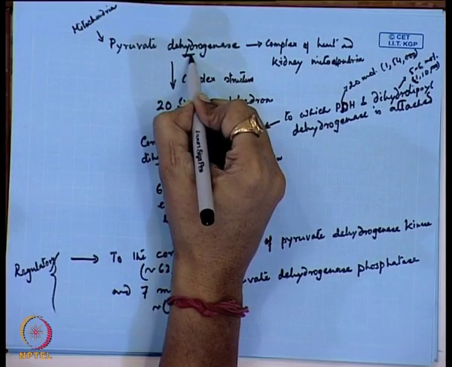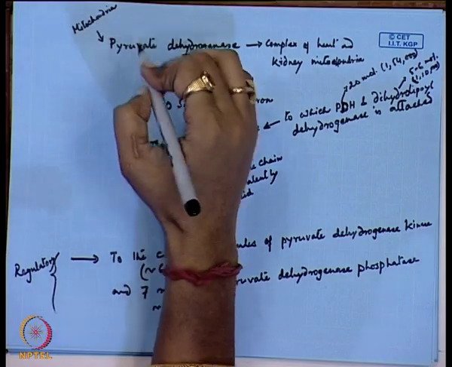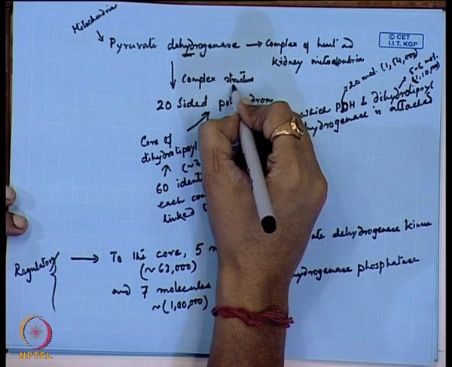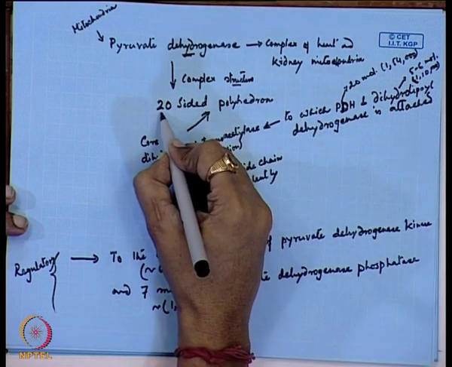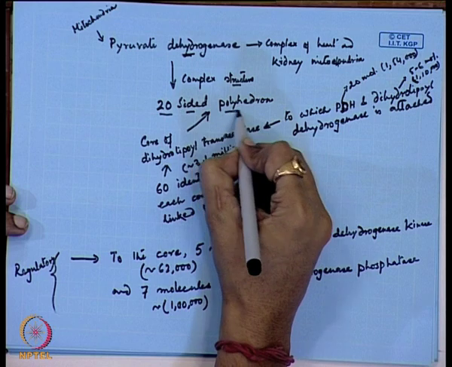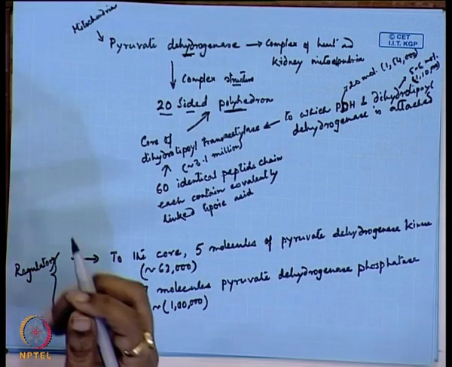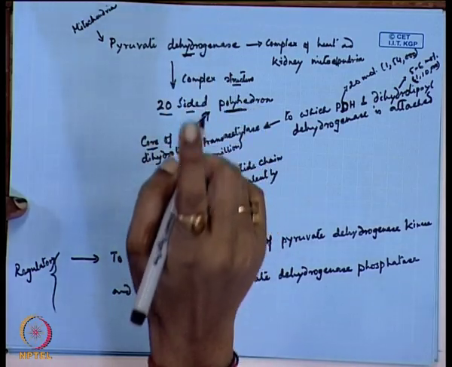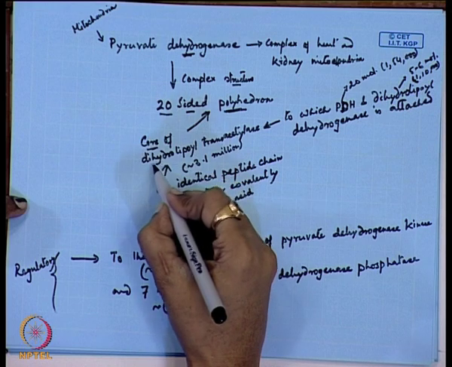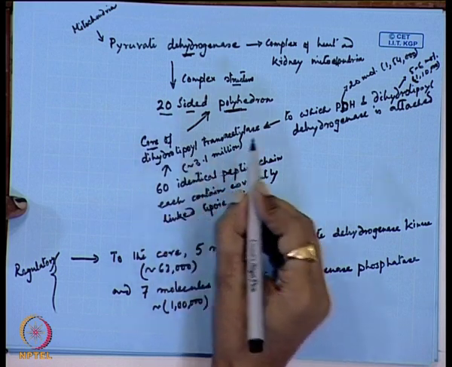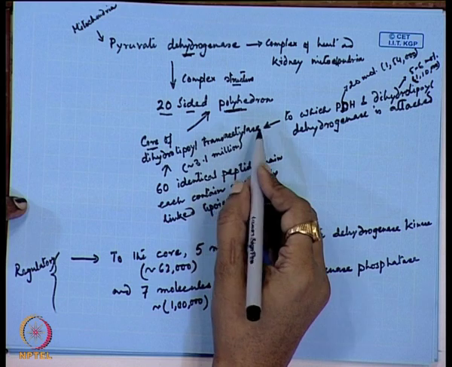Now, if we see this pyruvate dehydrogenase enzyme, it is a very complex enzyme. If we see its structure, we will find that it has a 20-sided polyhedron structure, and if we see the core moieties of this pyruvate dehydrogenase, the core of this enzyme is made up of dihydrolipoyl acetylase.